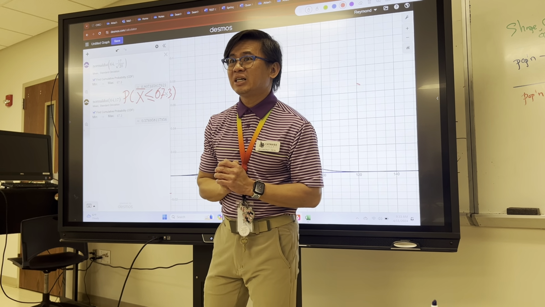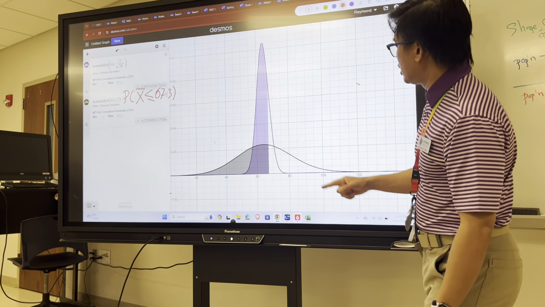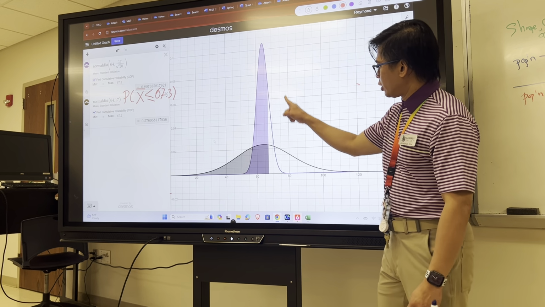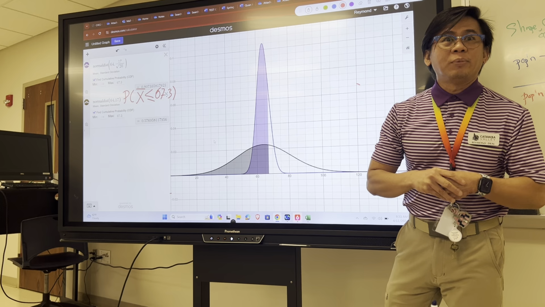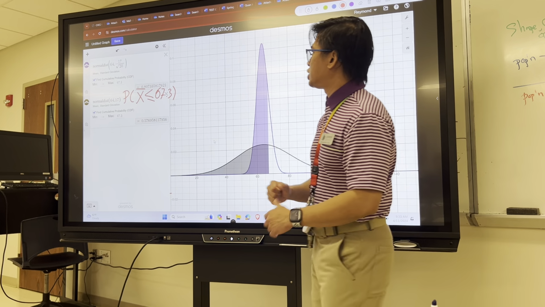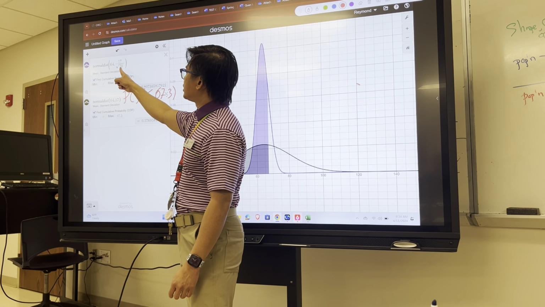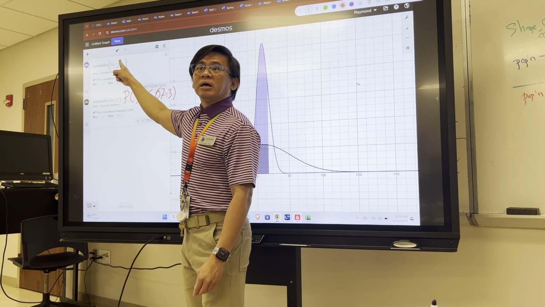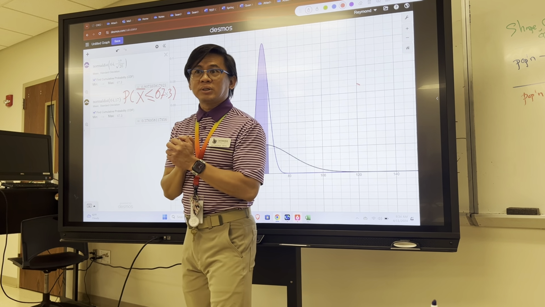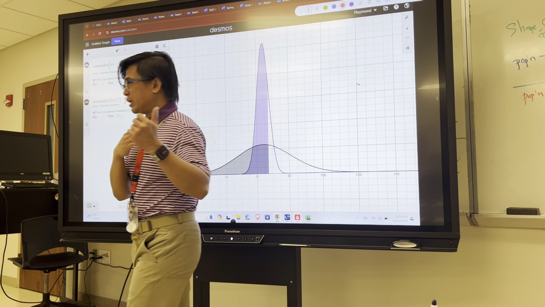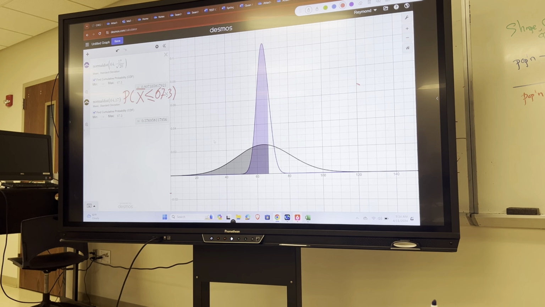Get it, guys? Again, the black is for the population, and the purple is for the sample mean. The only difference between these two is that the standard deviation of your sample mean is divided by the square root of the sample size, 20. Questions, guys? Now, how do we do this on our StatCrunch?